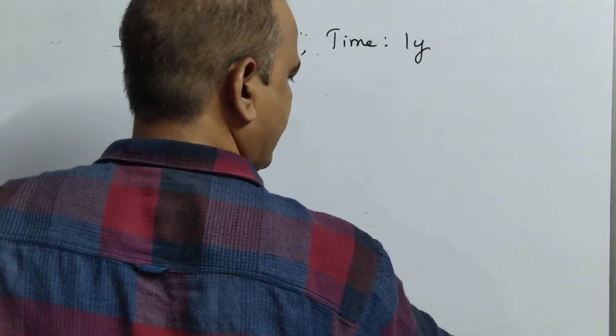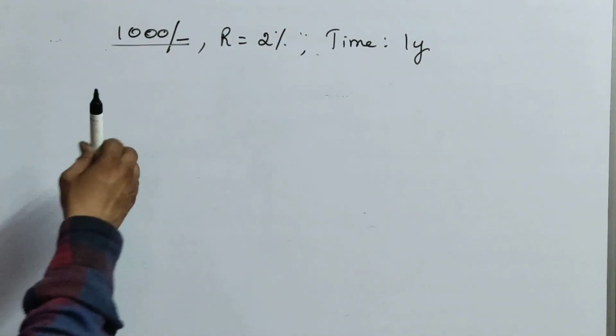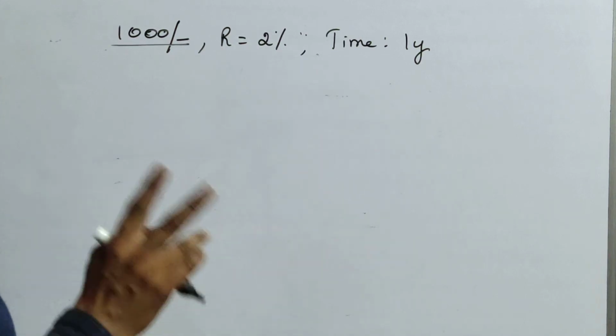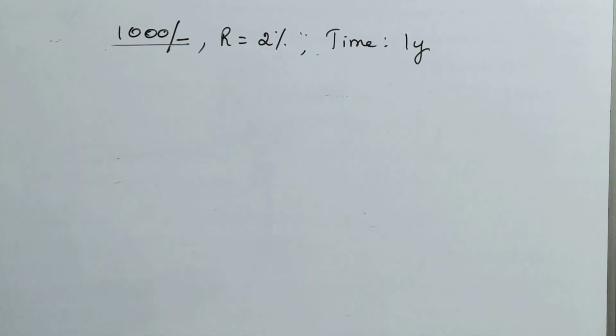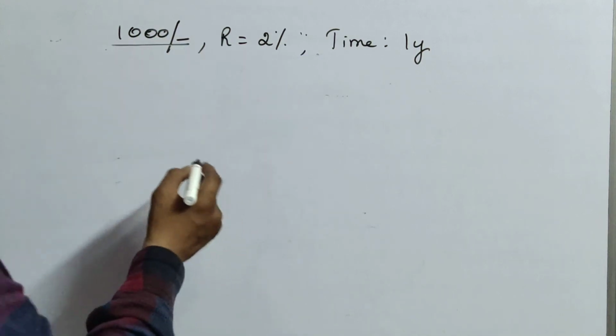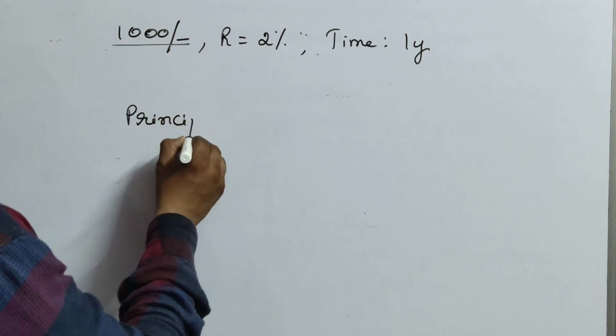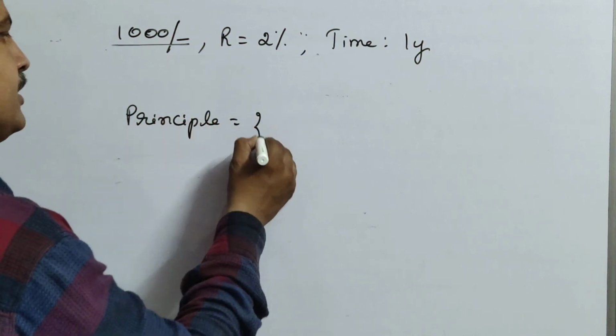Two friends are there, no? The friend who has given the amount, that amount is called the principal. We'll call it the principal.